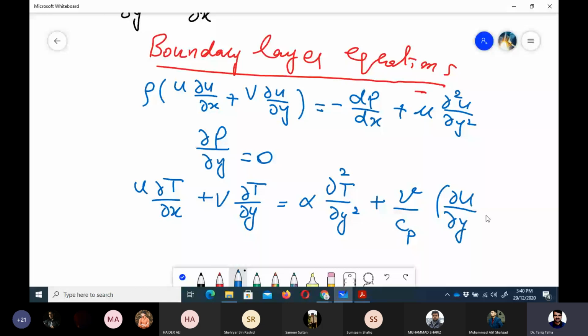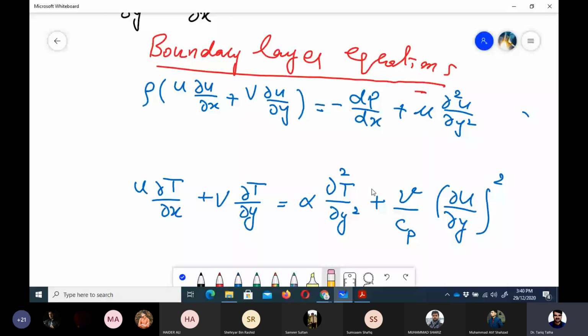So now those complex equations become virtually only two equations. We can ignore partial p by partial y because it is not giving us anything. So we have to solve these two equations in order to get the value of u and then temperature.